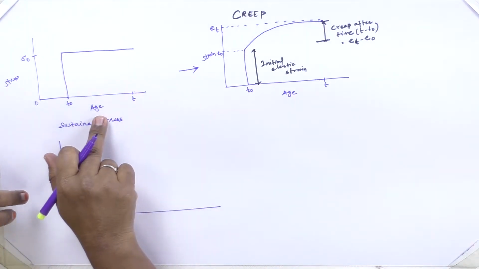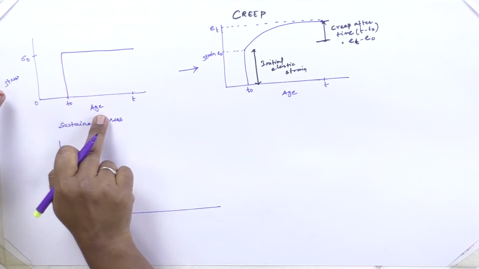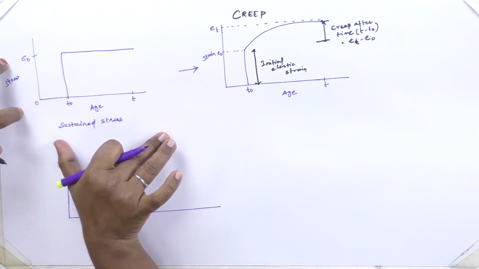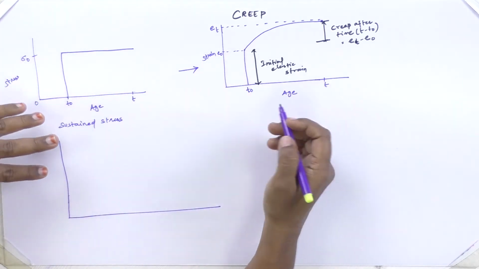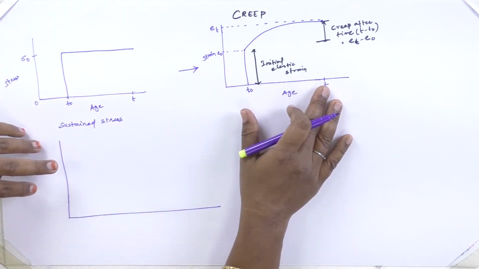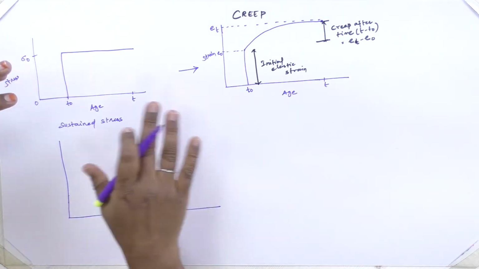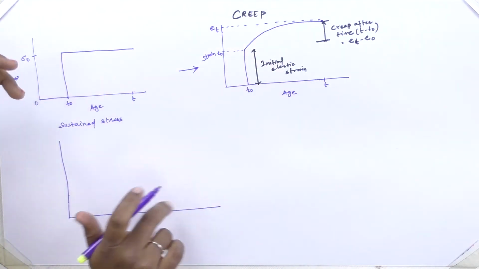Here I had plotted age, that is the period of loading, stress in one curve and strain in another graph. Here I am plotting both stress and strain in the same graph.